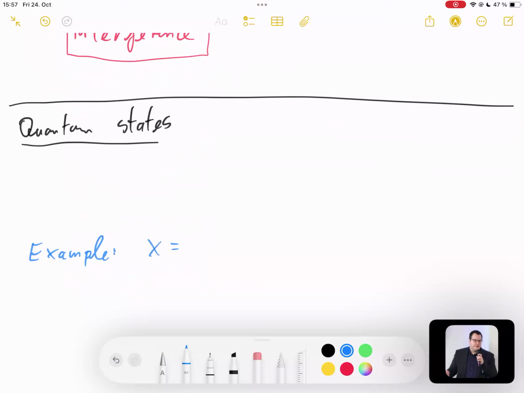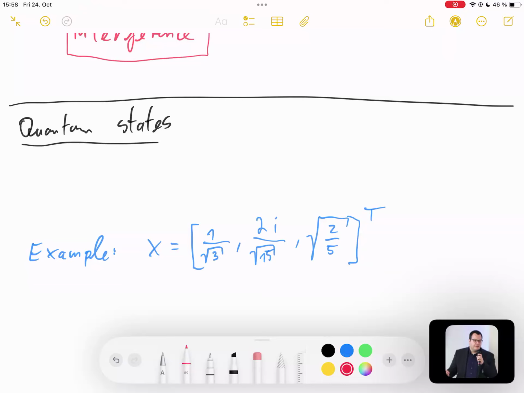I say X, and write it down as a row vector that has 3 entries. So 1 divided by the square root of 3. The next entry is 2i divided by the square root of 15. And the last entry is the square root of 2 divided by 5. This could be a sample quantum state.